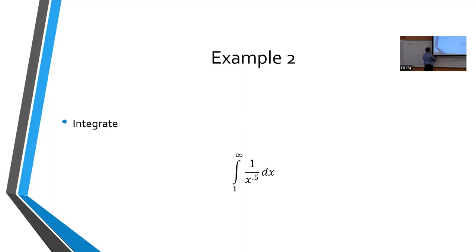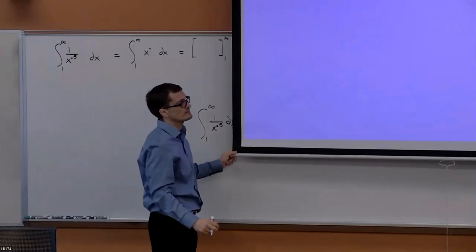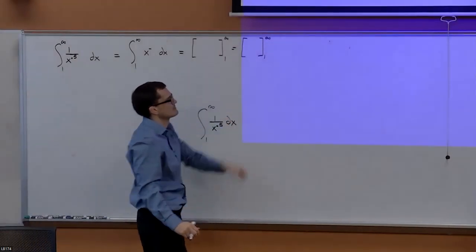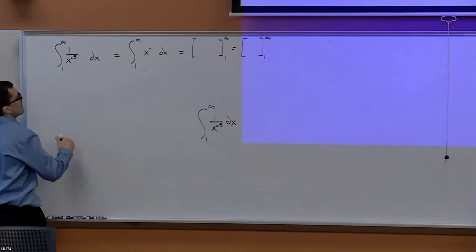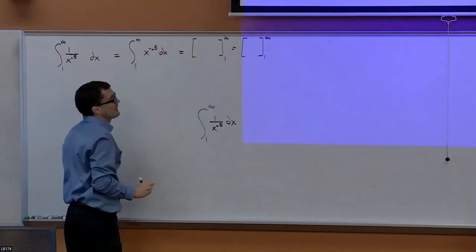This looks very similar to x squared in the denominator, but obviously we have a different power. So that is rewritten as x to the negative 0.5.